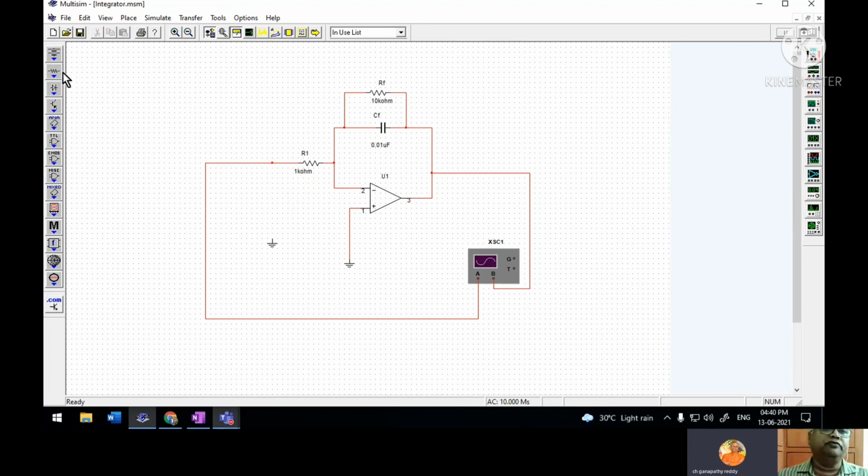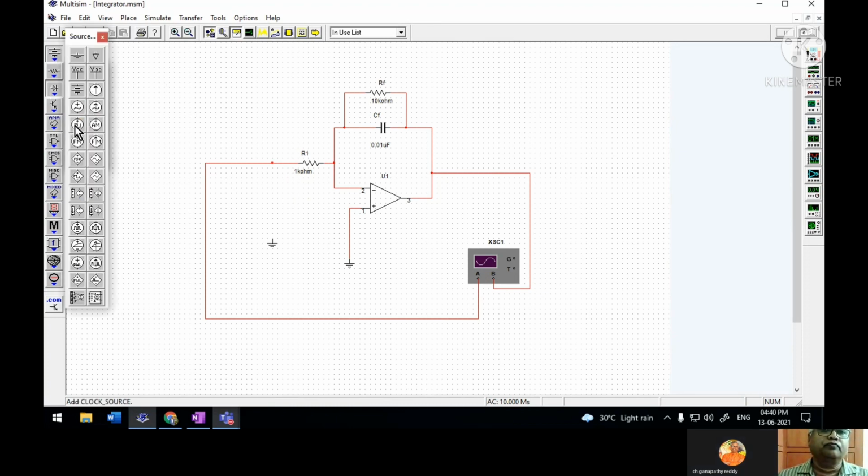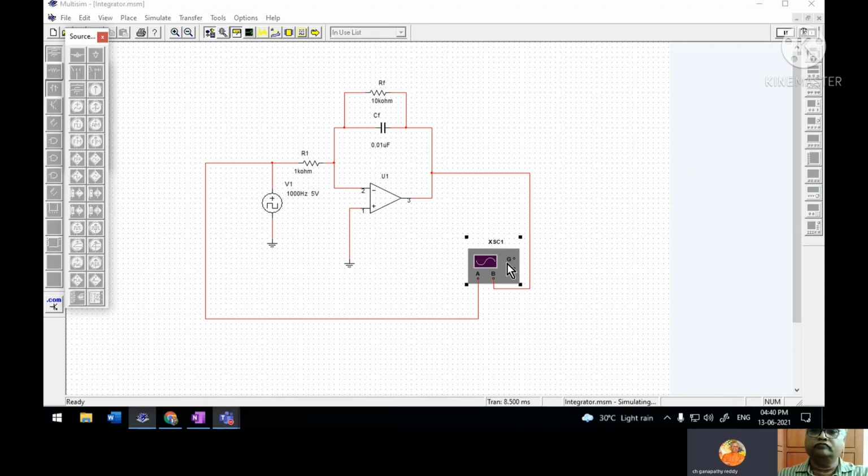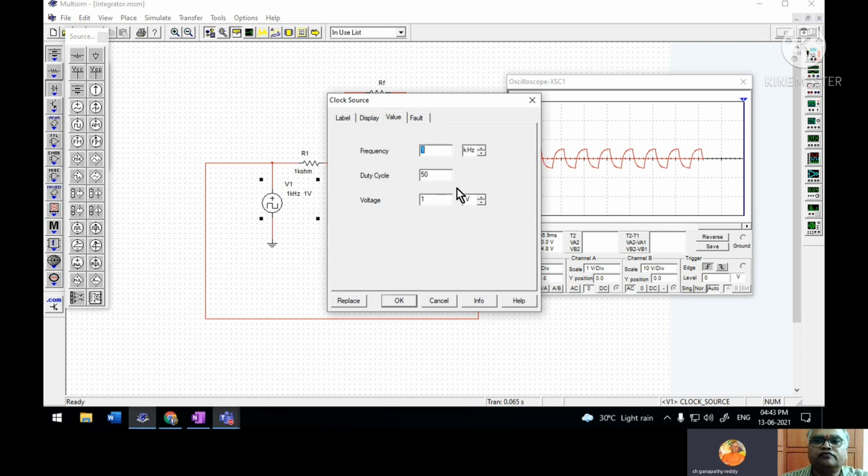I am removing the sine wave and replacing it with a square wave. So square wave integration gives a triangular waveform. The frequency should be more than 10K, so let us check with 10K.